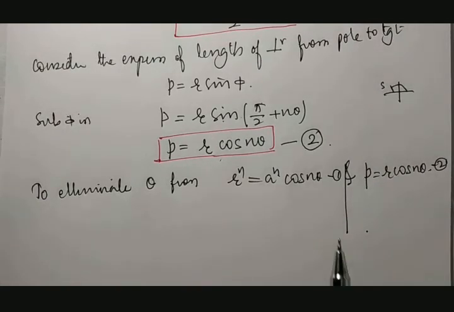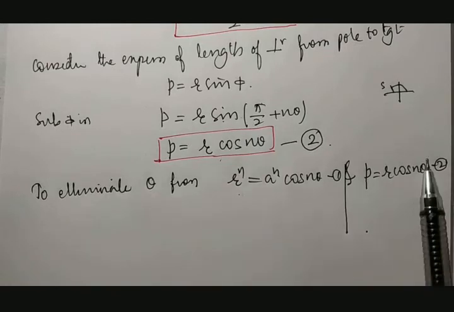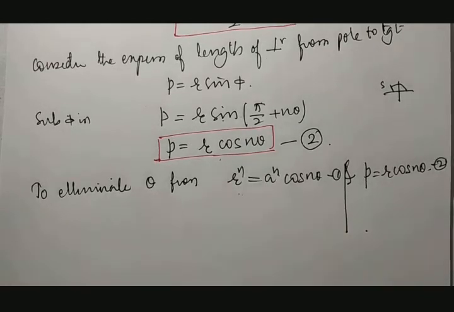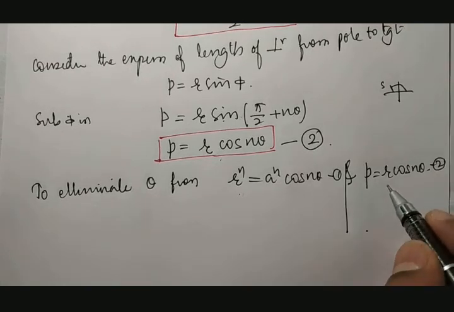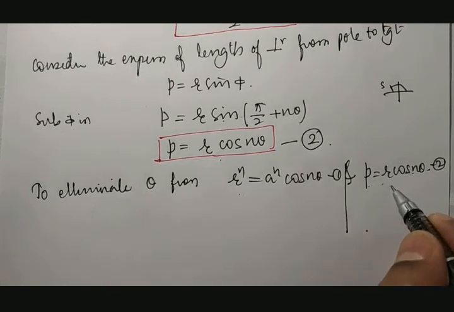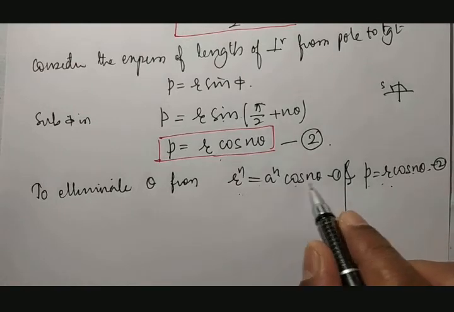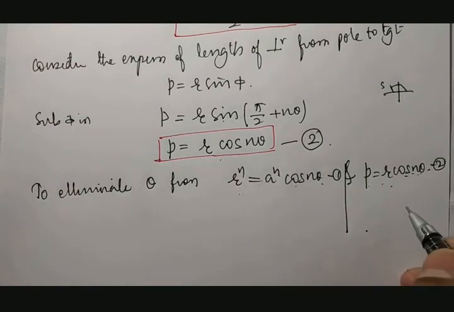Either you modify the first equation and substitute in the second, or use the second equation and substitute it in the first. I feel this is a simple one which is very easy to modify. In this case, cos nθ is there, and here also cos nθ is there.